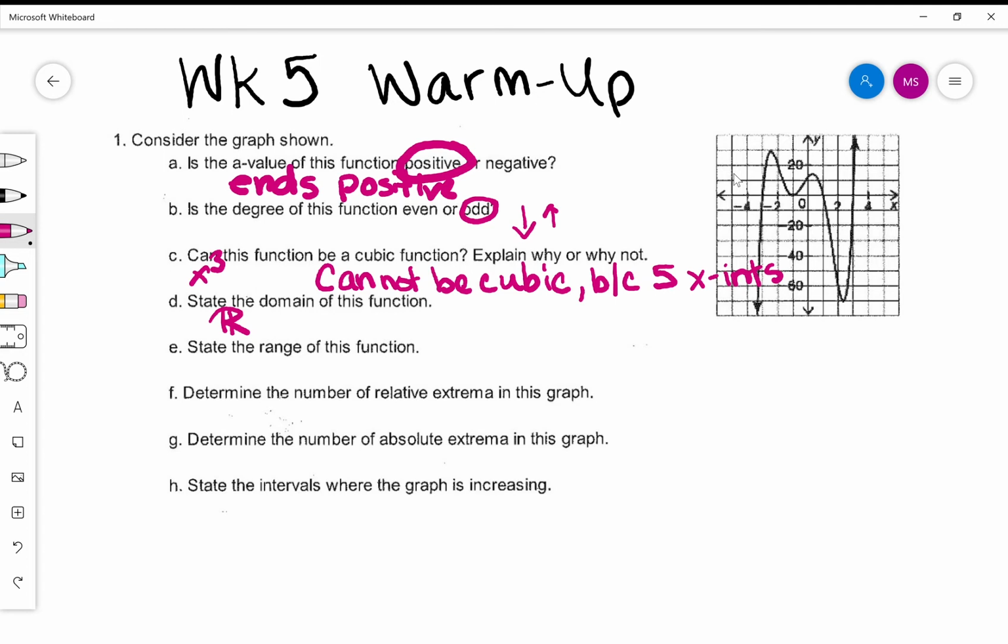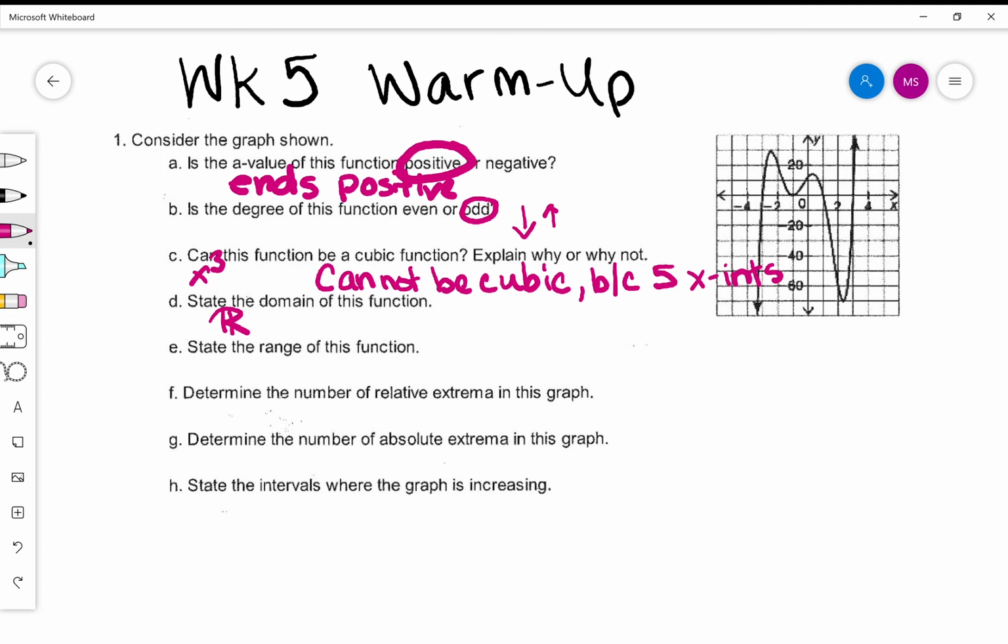All right, on the right-hand side, again, as the x values continue to go to positive infinity, your y values also continue to go to infinity. All right, so your domain is all real numbers.